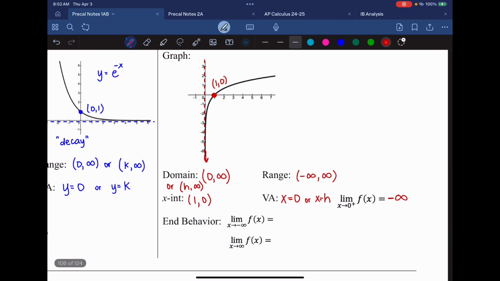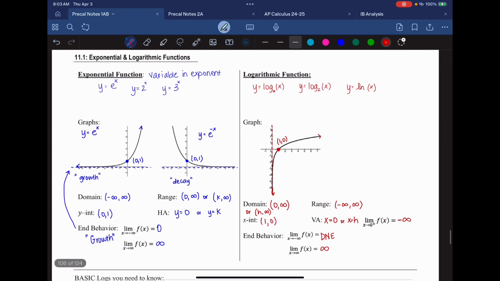Our end behavior, remember if we have a vertical asymptote and there is no graph at all on the left-hand side, as x approaches negative infinity, we'll write does not exist because the graph does not exist on that left side as x is getting closer to negative infinity. On the right-hand side, our function is unbounded, so it goes to infinity.